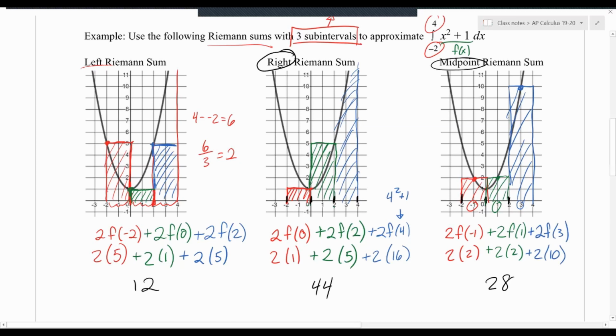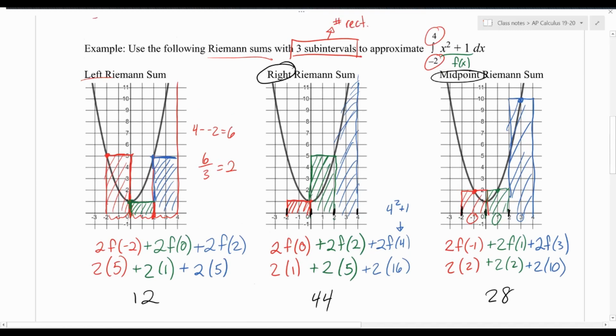Now, these are not all the same value because we were approximating. And some approximations can be better than others. However, if we increase the number of subintervals so that we had more rectangles, we would get a better approximation. Remember, when you're solving problems about Riemann sums, there are different ways you can approximate.